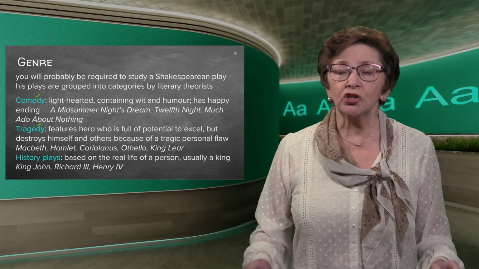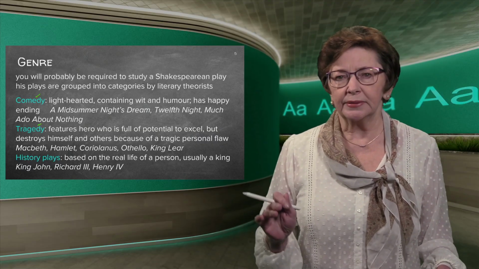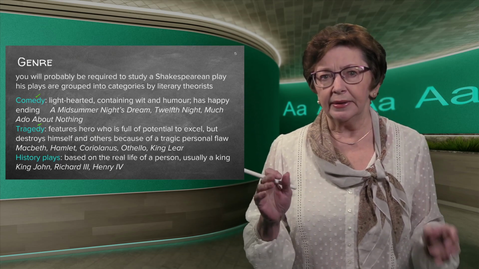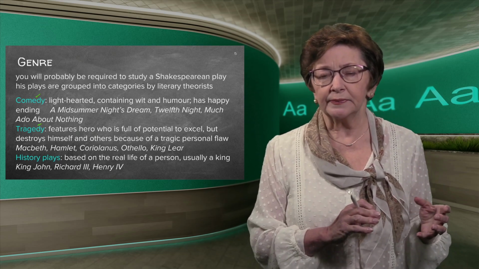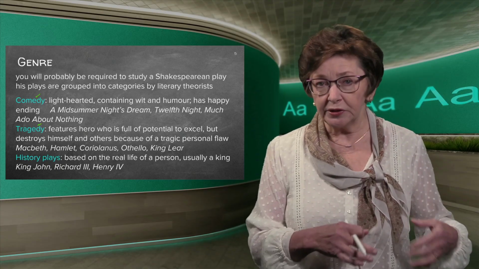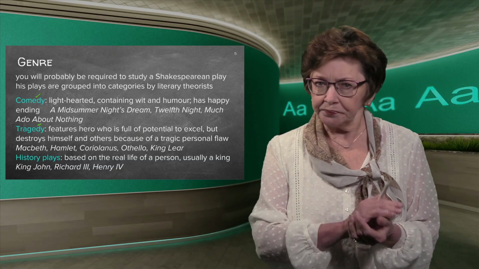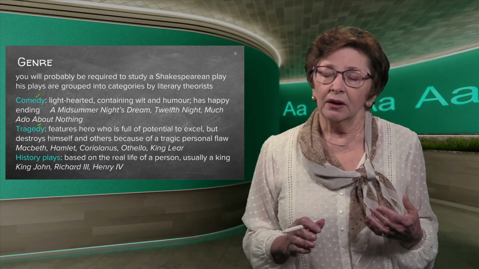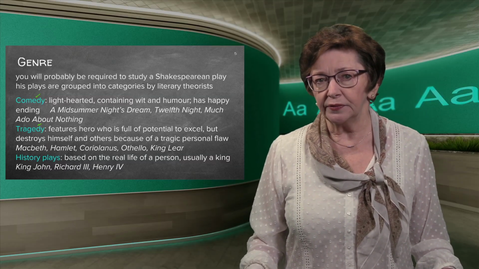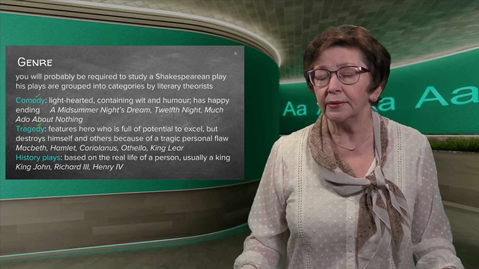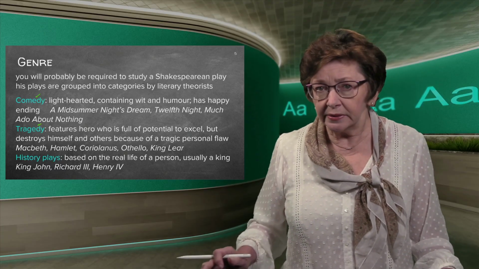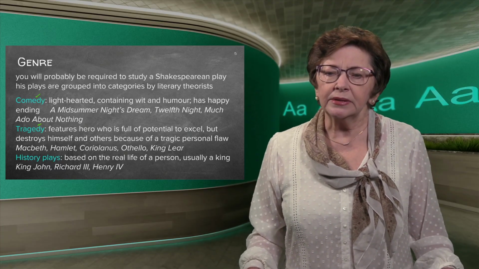So he's full of potential to excel, but he engages in actions which are prompted by this flaw within his soul or within himself, which actually are self-destructive, and he has to die in the end. It always ends in death, right?